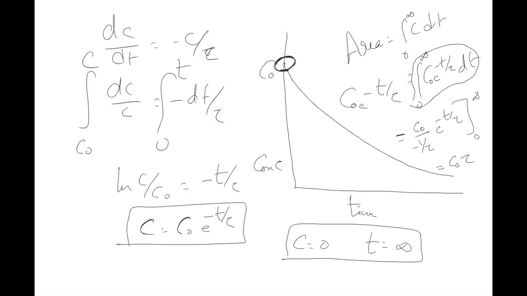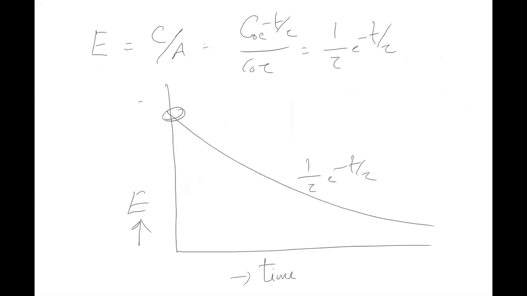Then what is E? E equals C by A, that is C naught into e power minus t by tau over C naught into tau, equal to 1 by tau into e power minus t by tau.